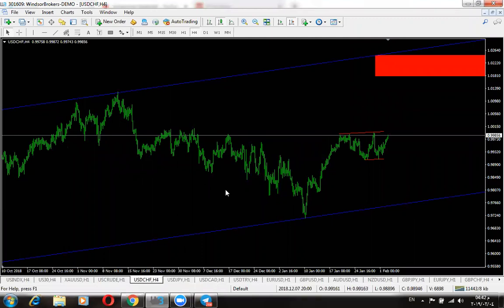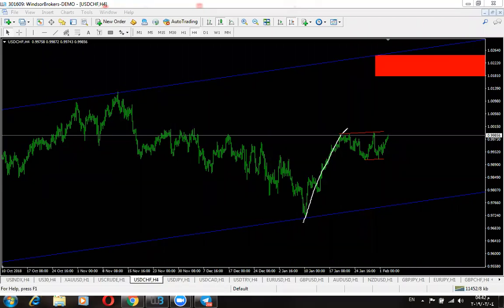We have a very high opportunity trade for the Swiss franc. This is our impulse to the downside. We have a very nice ABC, which is a regular flat for the Swiss franc.